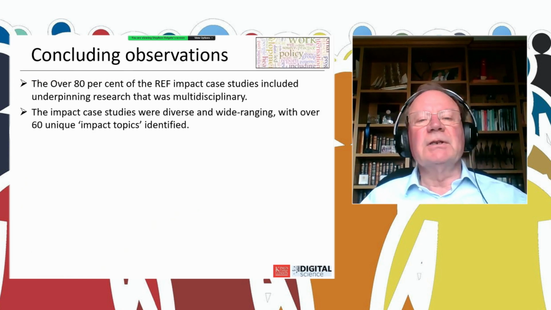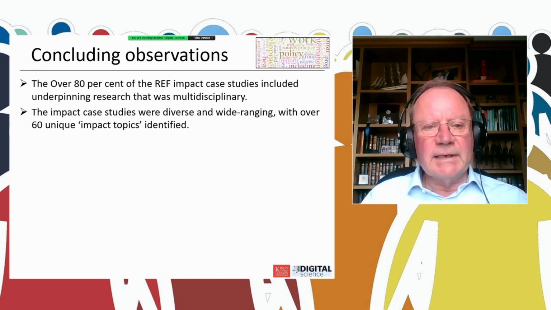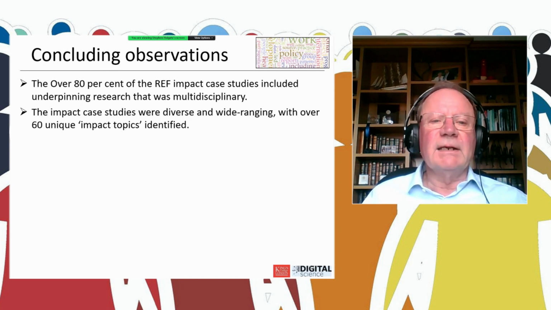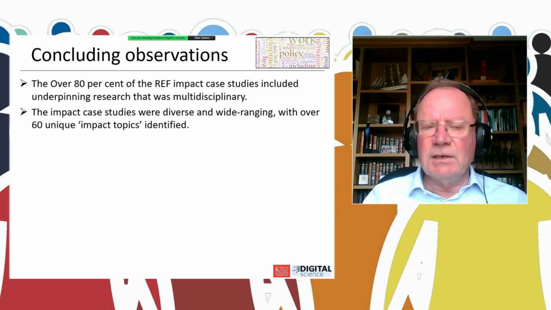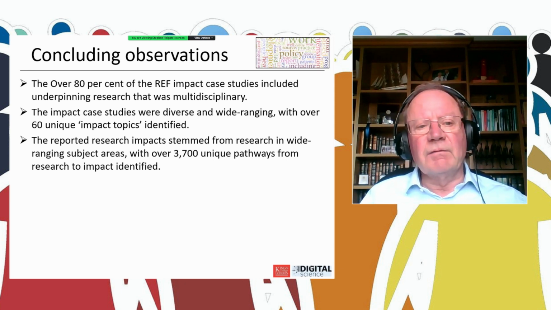So in conclusion, over 80% of the impact case studies that were submitted demonstrated multi or interdisciplinary research. And this is a key finding of the 14 REF exercise. There were very wide-ranging topics with 60 unique impact topics identified in this 2014, but many more are being identified in 2021.